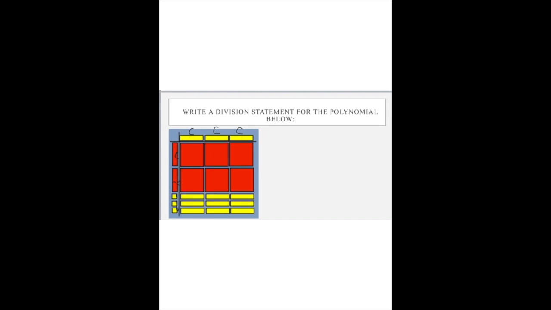The negative's not showing up. So this gives us six negative c squared, and then we have nine c's.